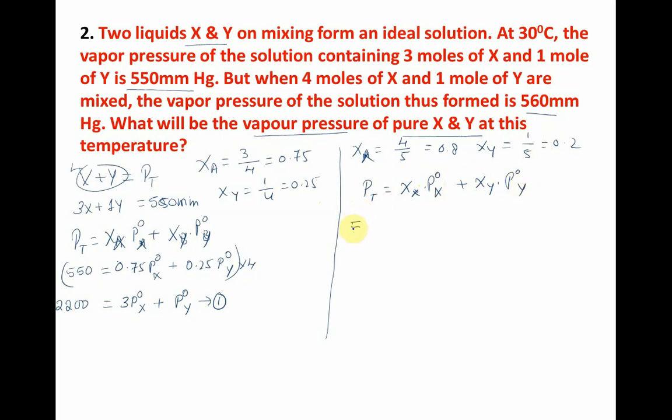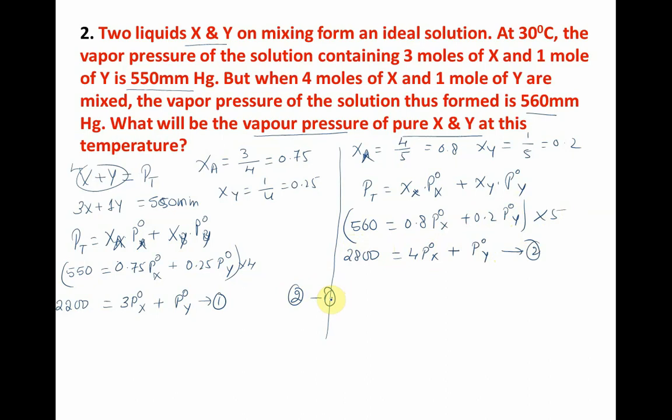So 560 is equal to 0.8 into P naught X plus 0.2 into P naught Y. Multiply by 5 so that we can solve the problem easily at the end. So we get 2800 is equal to 4 P naught X plus P naught Y. This is equation 2.